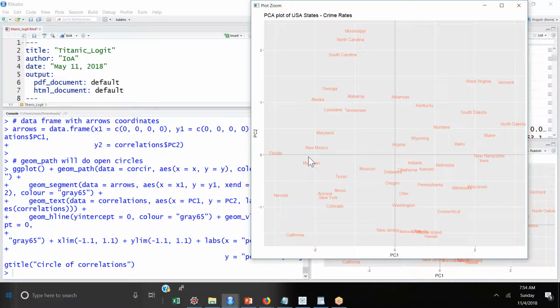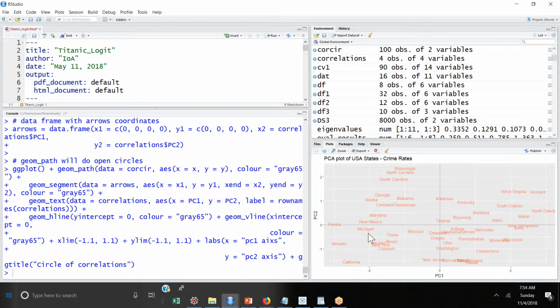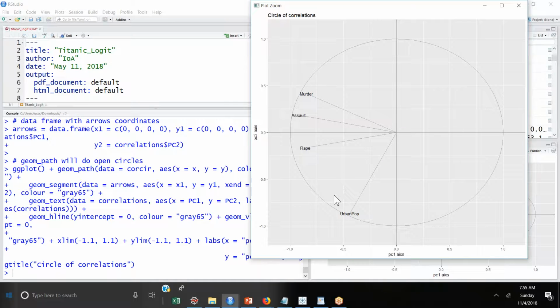I have to find the correlation of the original variables with PC1 and PC2. By getting that correlation, I'll be able to explain that struggle. It is one more way of explaining the difficulty of capturing 4-dimensional data in 2 dimensions. Get it? So that is what this graph is all about.